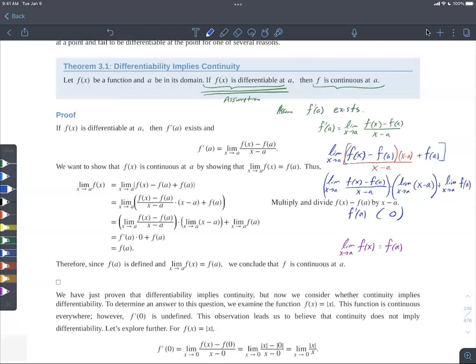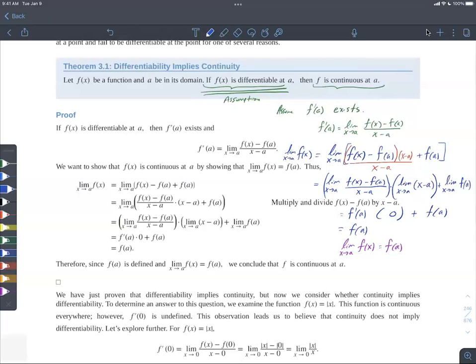The limit as x approaches a of x minus a is 0, plus the limit as x approaches a of a constant, f of a, that would just be f of a. And so notice that this 0 times f prime of a goes away, and what we're left with here is f of a.